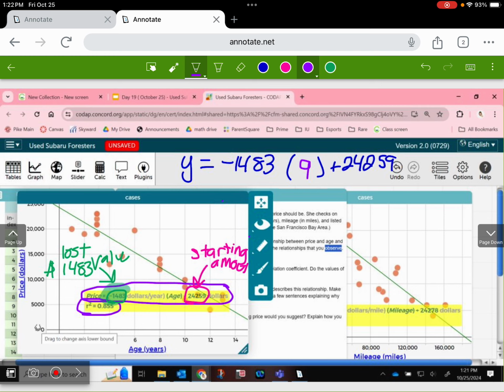So how much should she list her car at? What should the price of her car be if she wants to sell it for the most she can? It is minus 1,483 times 9 because it loses value. You can also see that in our downward slope.